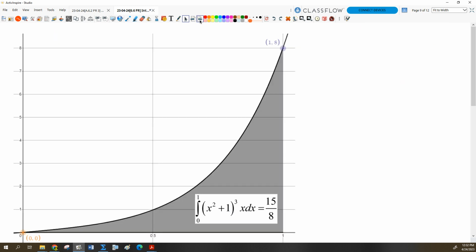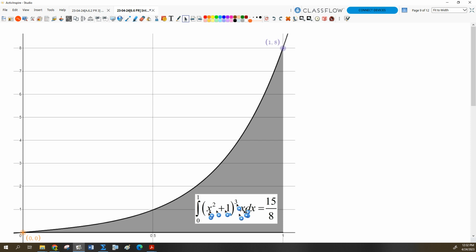Okay, let's look at an example. So this represents the area under the curve. This is our original function, isn't it? This was our integral. The area under the function x squared plus 1, quantity cubed, times x dx.